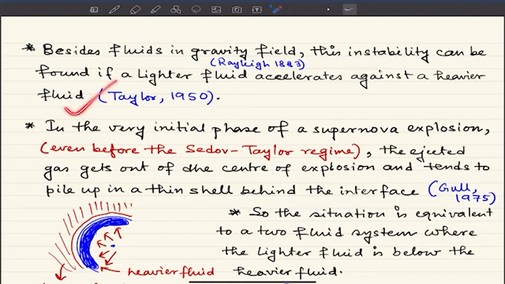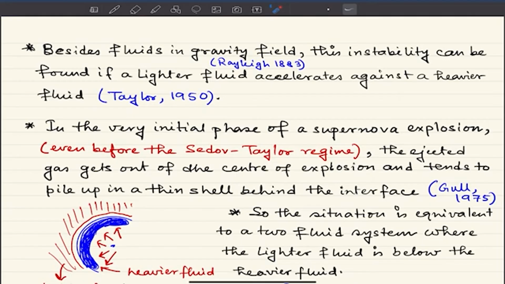And that was done by Taylor, 67 years later, in 1950. This is the same Taylor who worked on the Sedov-Taylor solution for the supernova explosion, using blast waves during the Second World War for the atomic bomb explosion.